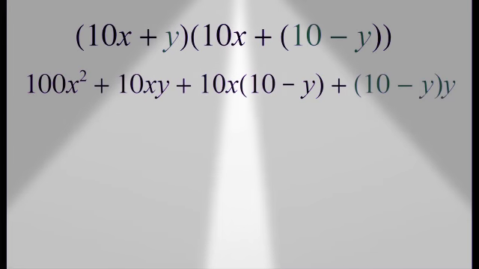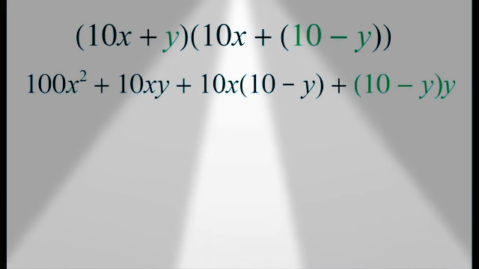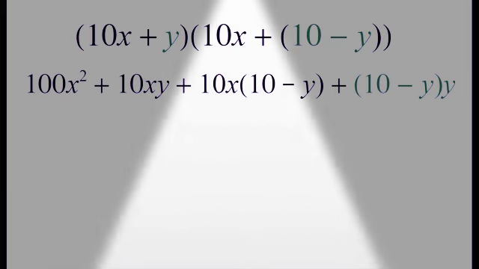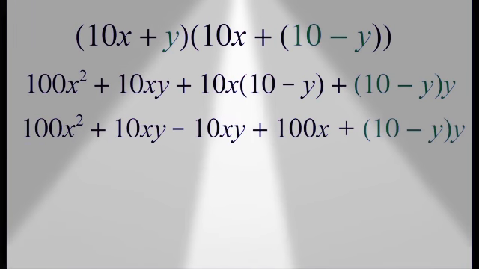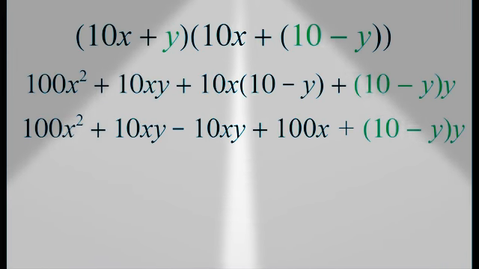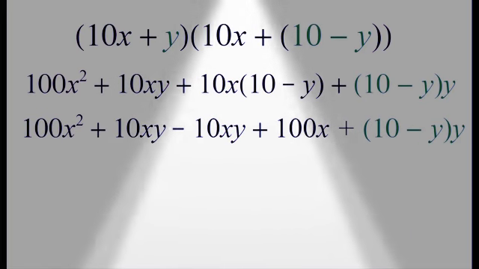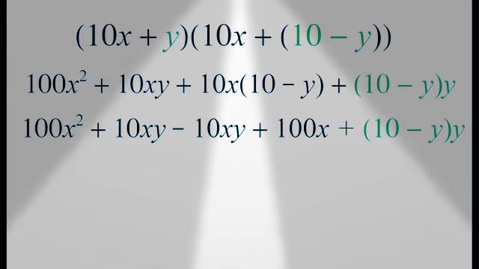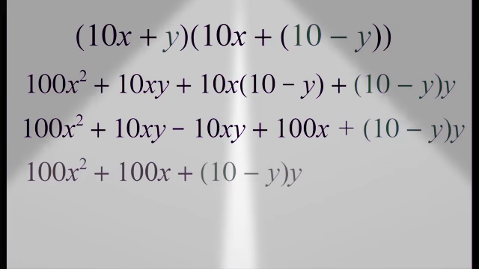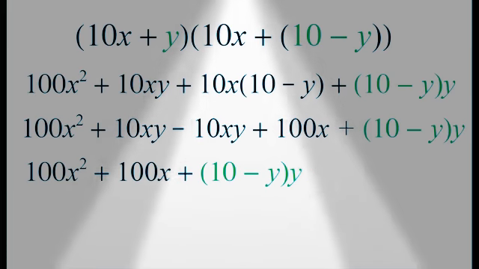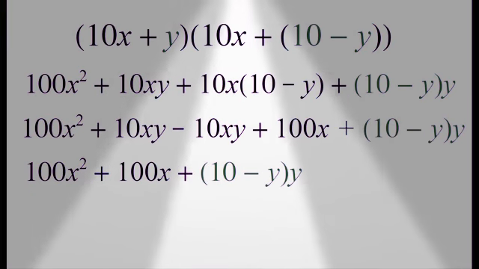We first expand out the product, and we end up with several terms, 4 terms. We then expand out further, and now we can see there's some cancellation that can be done. The 10xy minus 10xy cancels out. So we have 100x squared plus 100x plus 10 minus y times y.